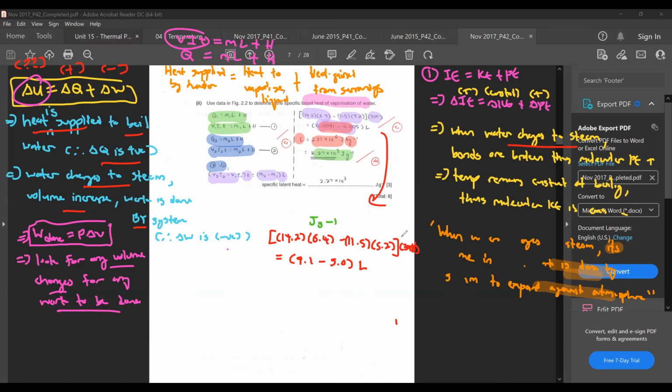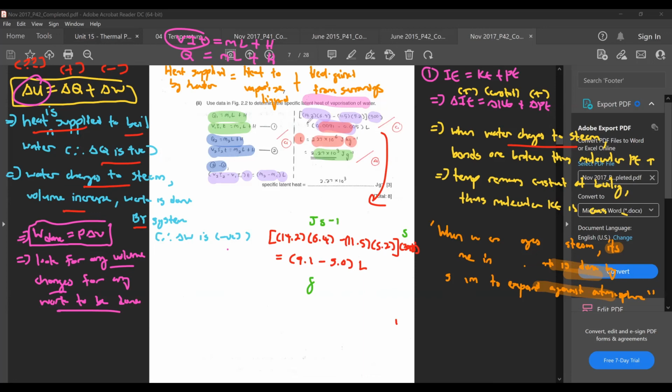per second. This one is second. And then this one is gram. So you are going to get the answer. Oh, sorry, this is joules per second. Yeah, joules per second times second.